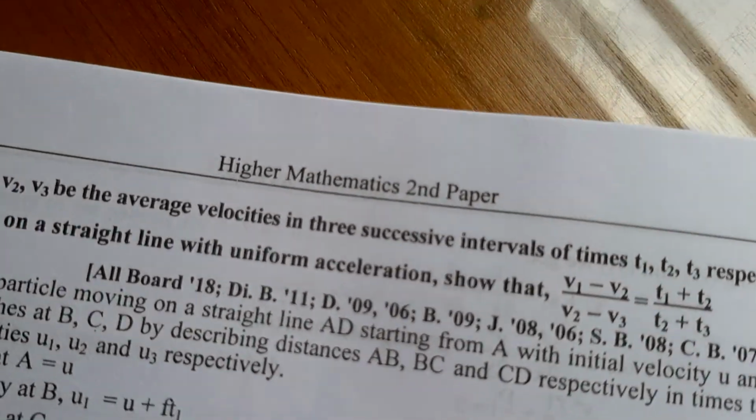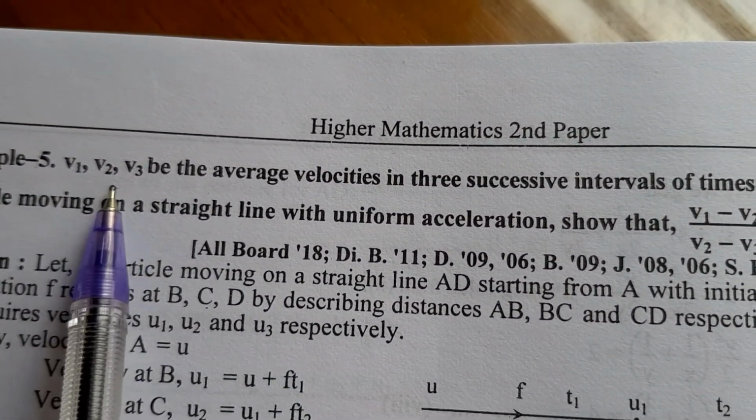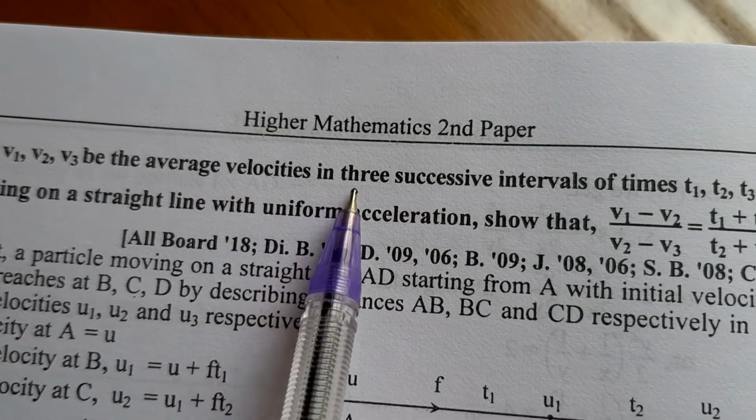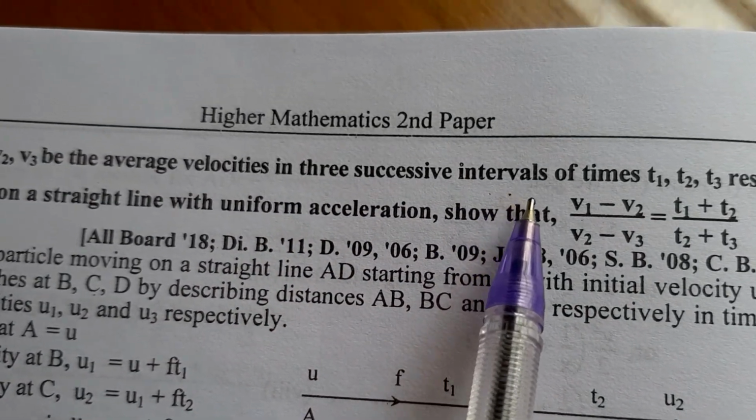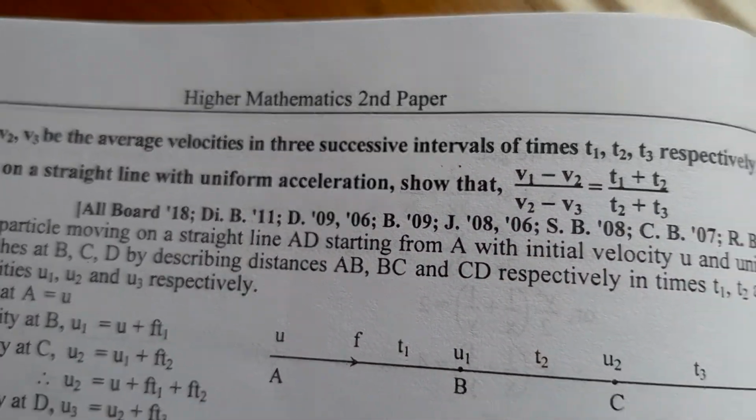So again, we want to see: given v1, v2, v3 be the average velocities in 3 successive intervals of time t1, t2, t3.